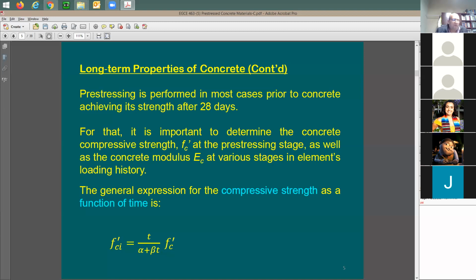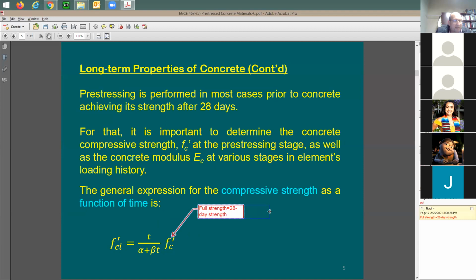We have this empirical formula about the strength of the concrete at any time, which means this here is going to be at any time, and it's going to be at the time of applying the pre-stress, compared to the 28-day strength. So this F prime C is going to be the full strength, which is equal to the 28-day strength.